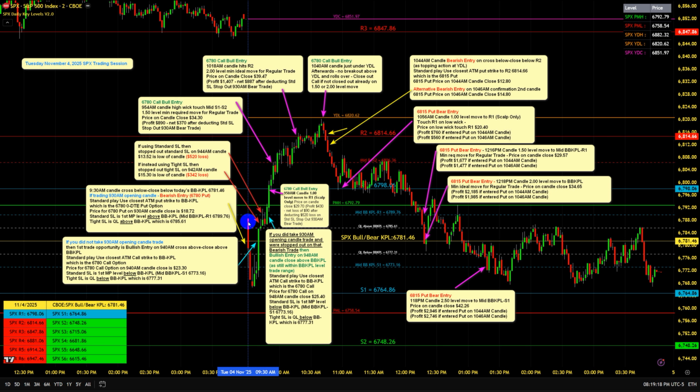Keep in mind that there is no rule or obligation with the daily key levels trading strategy to take the opening 9:30 a.m. candle trade. You can simply ignore the first candle if you want and wait for price action to play out, whether that's the first 5 minutes, the first couple of minutes, 10 minutes, 15 minutes, 30 minutes, or even the first hour.